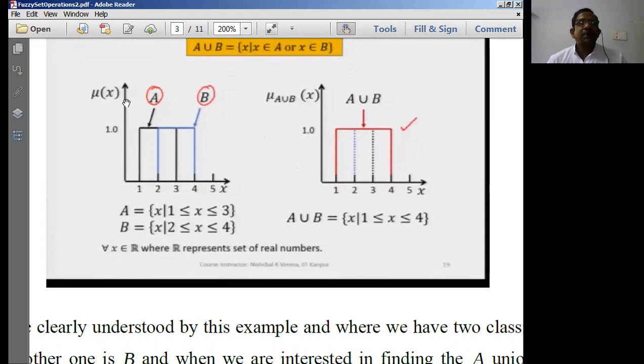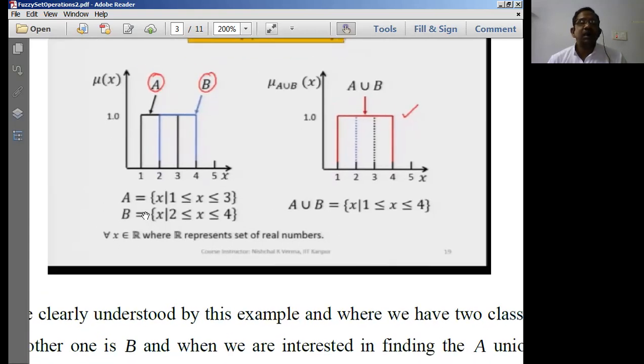Here A and B have been drawn together in this diagram, where this black colored pulse shaped signal is for A, and this blue colored pulse shaped signal is for B. When you add these two, the entire range of A and B will come over here, starting from the starting point of A to the maximum of A, and from the starting point of B to the maximum of B, combined we get the A union B.